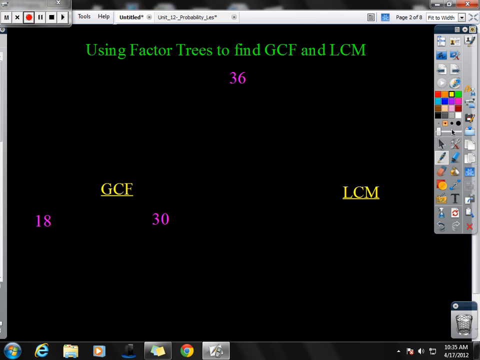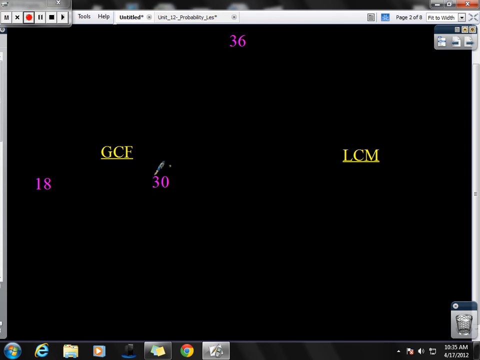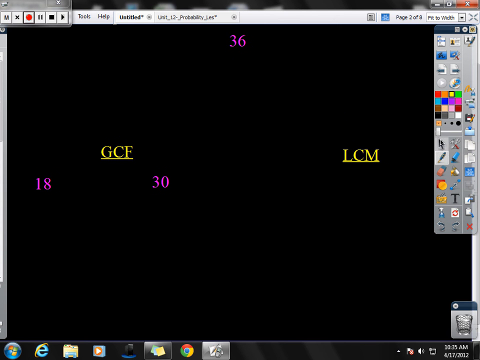So away we go. We are going to start with these two numbers, 18 and 30, and I'm going to move those over just a little bit so that I have some more room. When I'm dealing with 18 and 30, I want to calculate the prime factorization of 18. So I'm going to say to myself, what times what equals 18? You can do 2 times 9, because 2 times 9 equals 18.